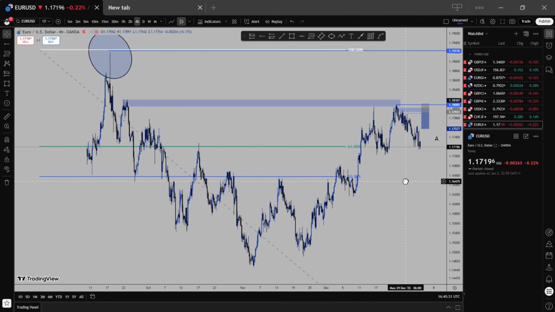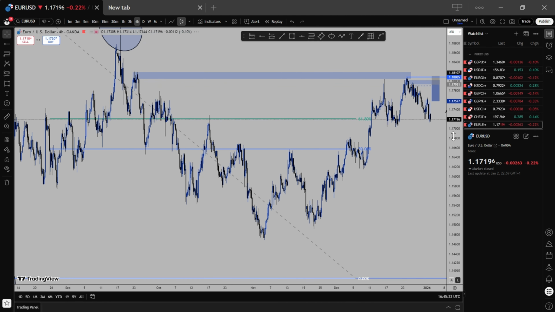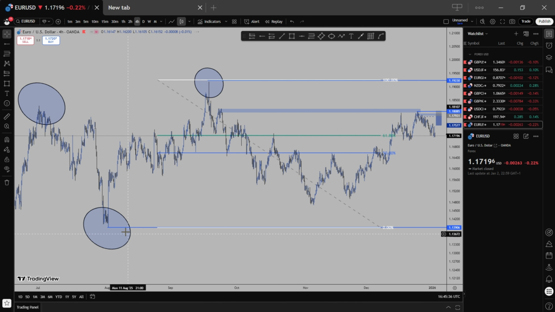As you can see right here, price is bullish. These are the ranges we are working on right now. When I taught you guys structure, this is our main structure. This is our swing structure. This is the range we are working with.